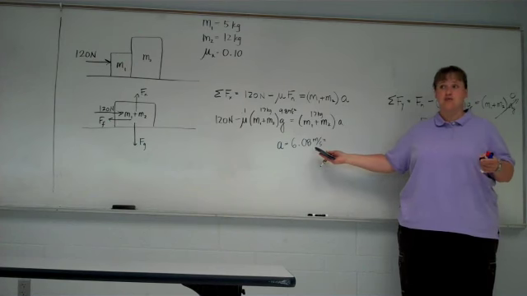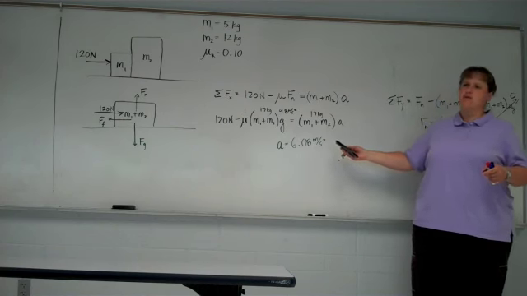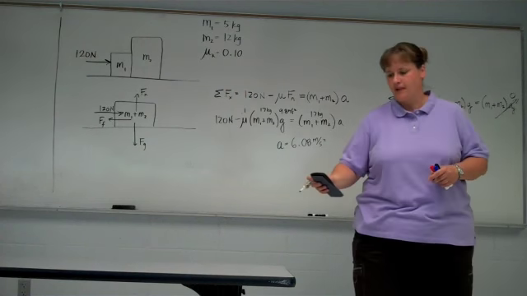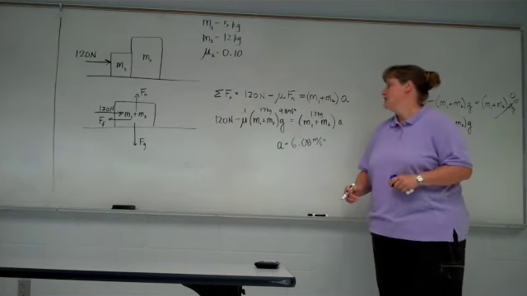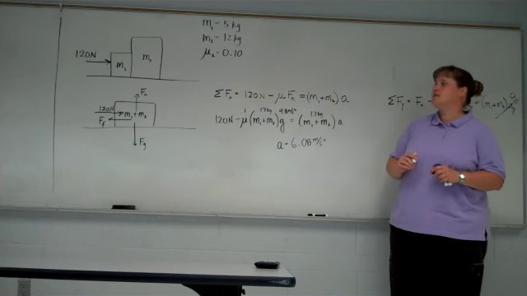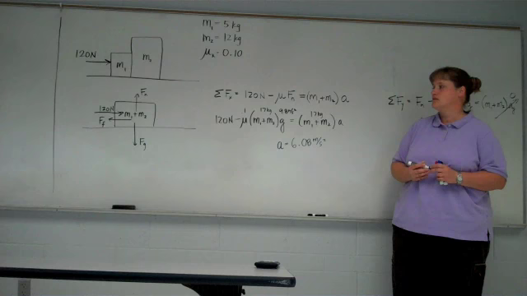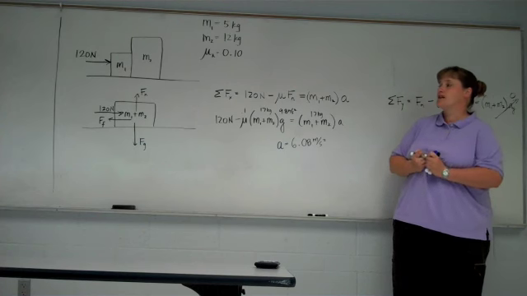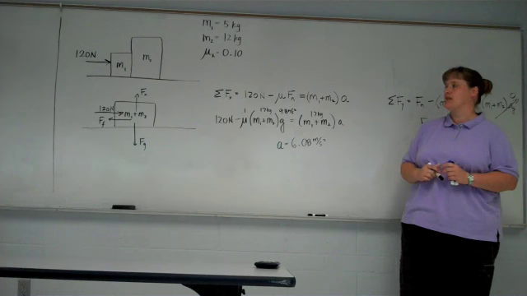So after a second, you will be running at 6 meters per second. After 2 seconds, you would have to be running at 12 meters per second to keep up with the boxes. So we wouldn't be able to maintain that. But we'll still continue to answer the questions for the period of time when we are pushing with that force.